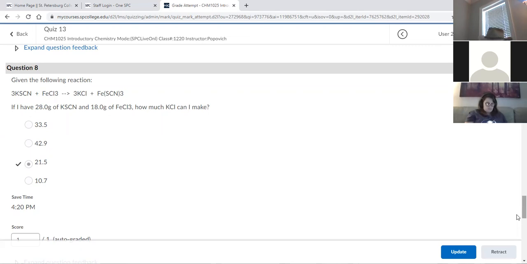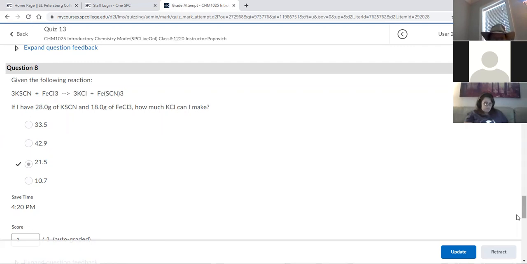So for that, I get 162.20. Right? Mm-hmm. All right, 28 grams of potassium thiocyanate times 1 over 97.18. That equals 0.288 moles of potassium thiocyanate.